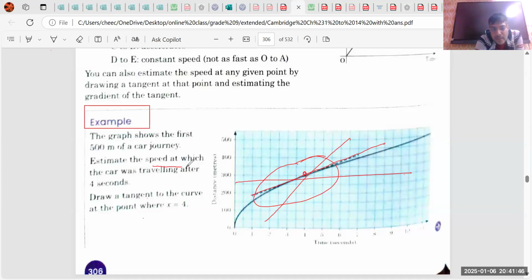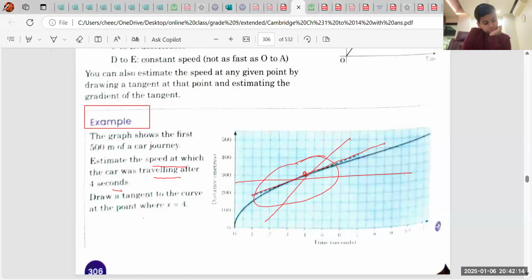Now you have to estimate the speed at which the car was traveling after 4 seconds. So how will you estimate the speed? How will you estimate the speed, guys? Tell me.